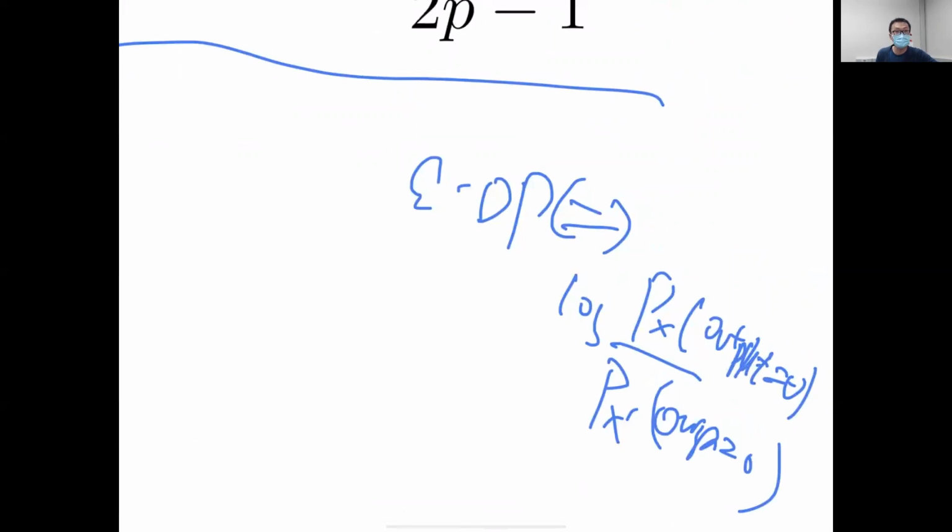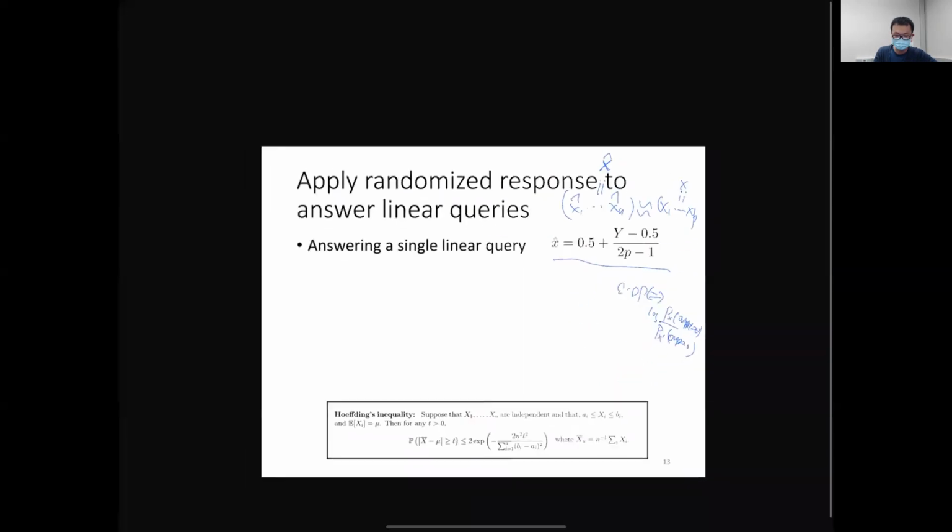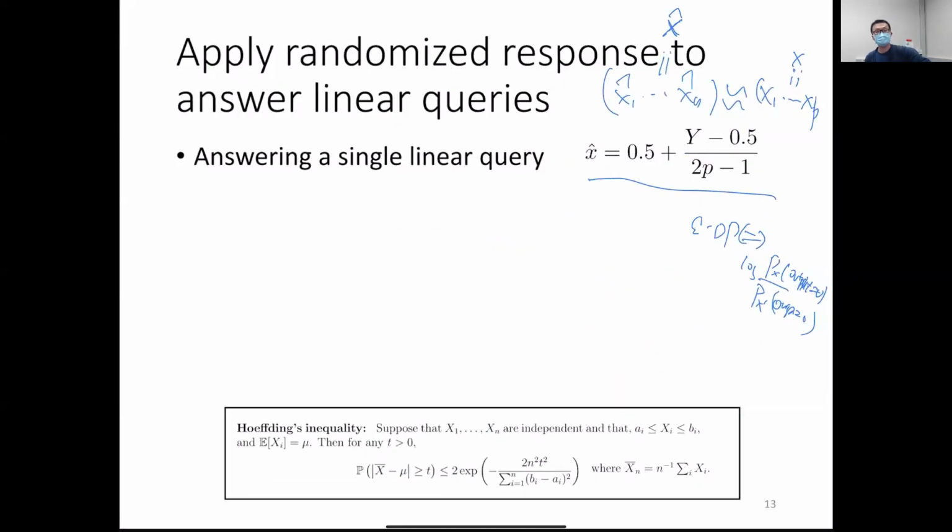And since we're only adding or removing one person, or replacing one person's bit, all this probability will cancel out except for that one coordinate. Therefore, releasing the entire vector of output bits using randomized response also satisfies epsilon differential privacy without having to do any composition. More generally, this is known as parallel composition.